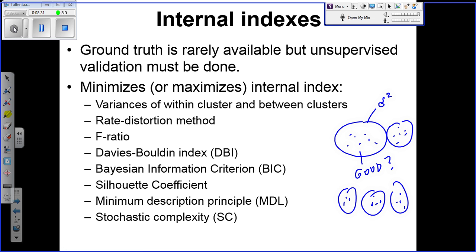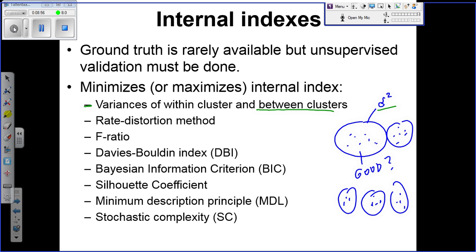So let's see. Here are listed some of the methods. The first one, variance within cluster and between clusters, is kind of the first idea to go beyond the within-cluster variance. The within-cluster variance tells how compact it is. In addition, let's measure how far apart the clusters are.